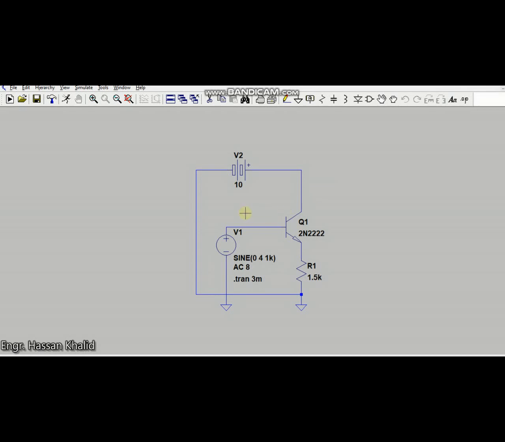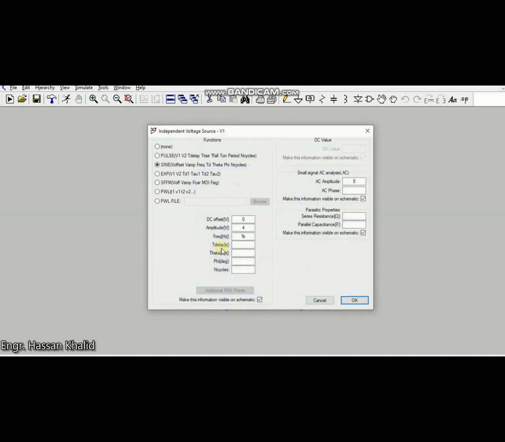Now let us make the simple basic structure using LTspice by fetching the component from the library, that is the 2N2222 Q1 NPN transistor, and let us bias it using 10 volts DC. For the input signal, we have a sinusoidal waveform with a frequency of 1 kHz and an amplitude of 4 volts.